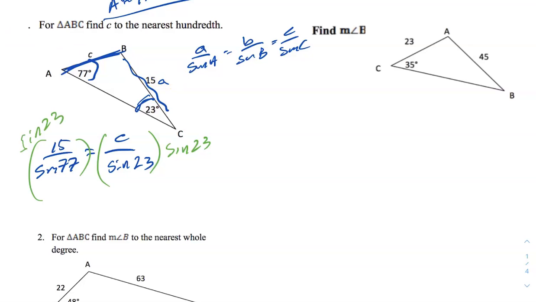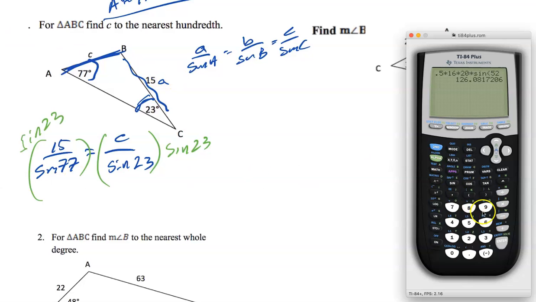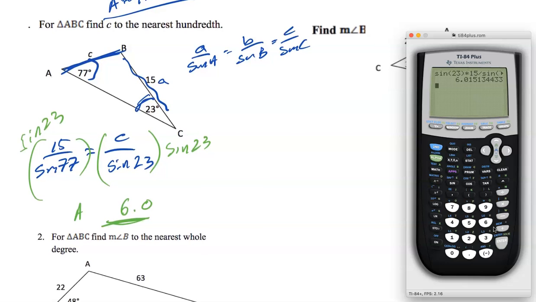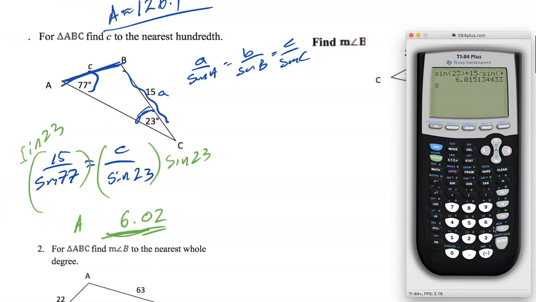I'll put this in the calculator so you can see this one. So it's going to be, let's clear this first, sine of 23 times 15 divided by sine of 77. And I get 6.0. Again, we're going to nearest hundredth this time, my fault. 6.02 based on what we have.